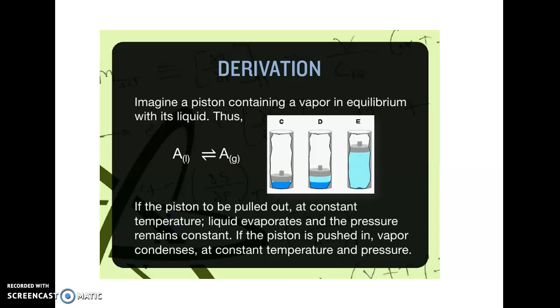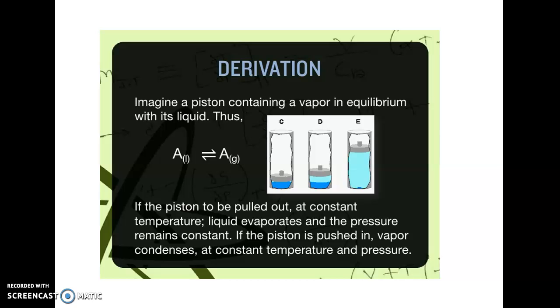In the derivation, let us imagine a piston containing vapor in equilibrium with its liquid. If the piston is pulled out at constant temperature, the liquid evaporates and the pressure remains constant.